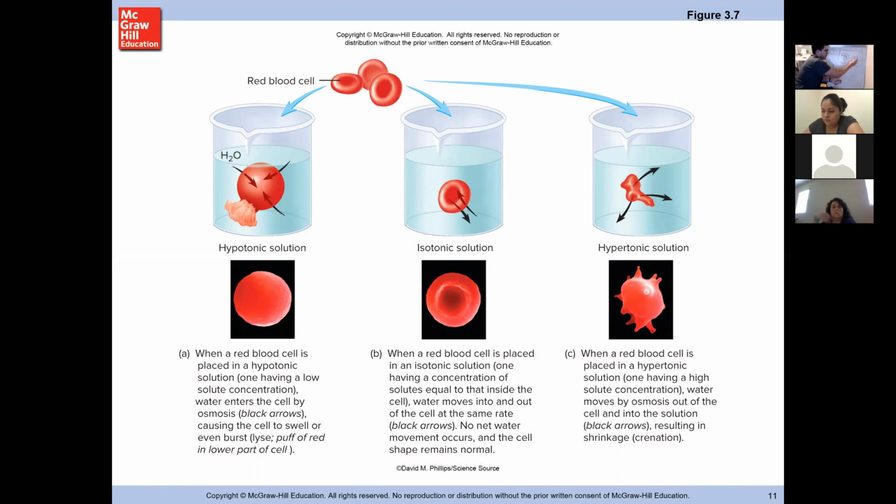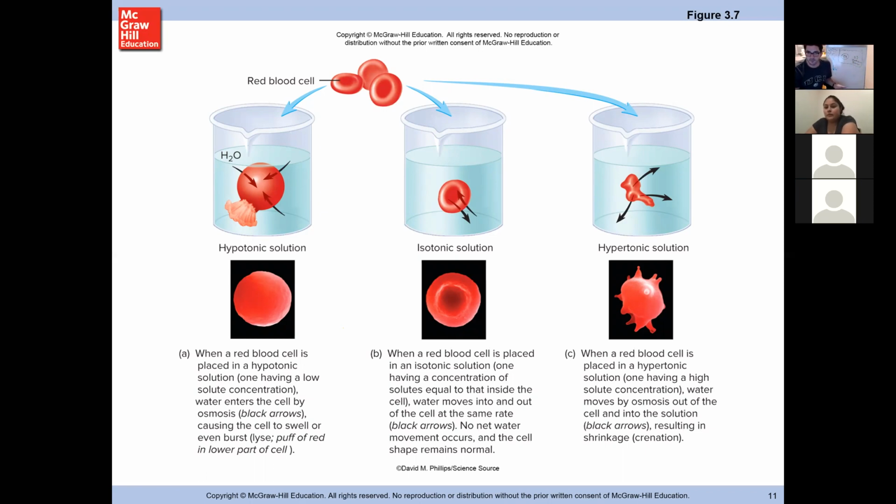The solution out here is considered hypotonic because the salt concentration is lower than it is inside the cell. Hypotonic, below what's going on in the cell.